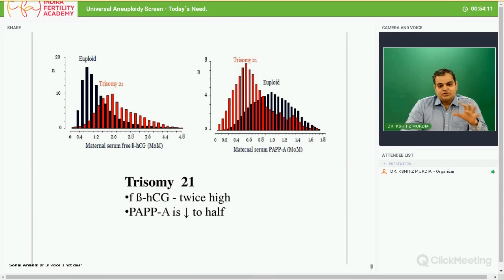Among the various sonographic and biochemical markers, let us see how beta HCG and PAPP-A perform in trisomy 21. In trisomy 21, beta HCG is twice as high as in euploid babies, while PAPP-A is around half of that in euploid babies.